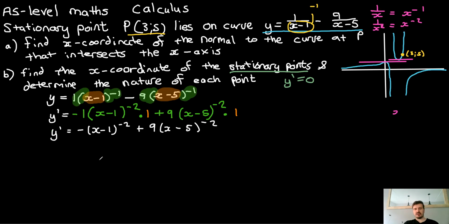Okay, so first part of the function is done. We found the derivative. The next step of finding my stationary points is to make that equal to 0. So 0 equals negative (x minus 1) to the minus 2 plus 9(x minus 5) to the minus 2.